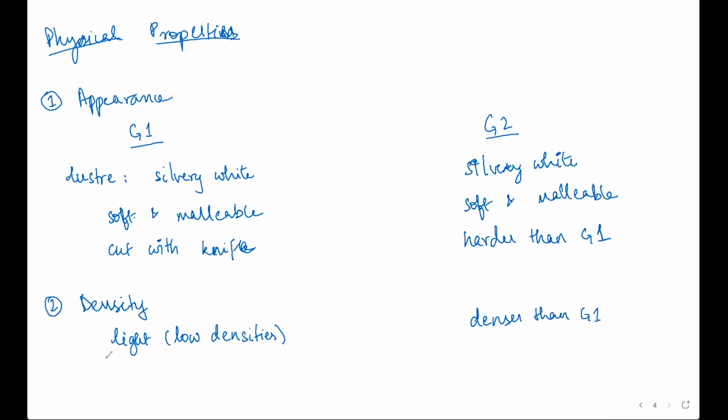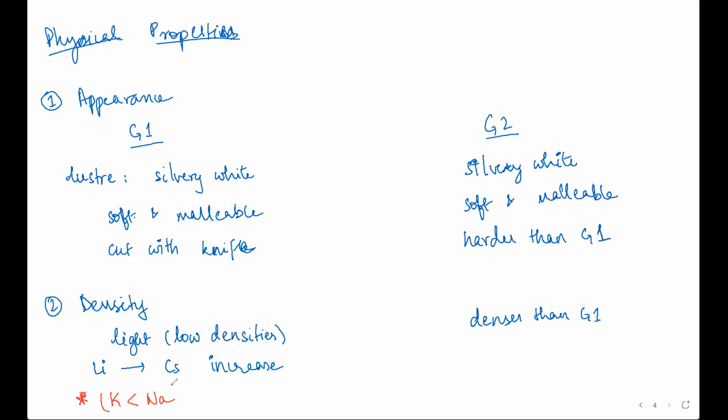What can you say about the trend of densities top to bottom? It will increase as you go down the group. That's what you would expect, right? And that is the general trend. If you compare lithium to cesium, density should increase. But there's a small anomaly here, specifically in the case of sodium and potassium: potassium is lighter than sodium.